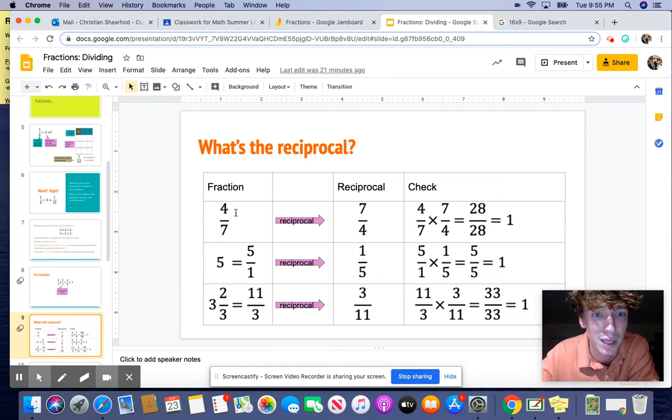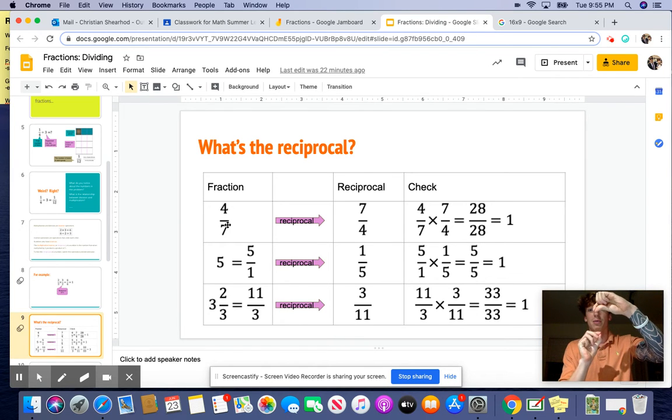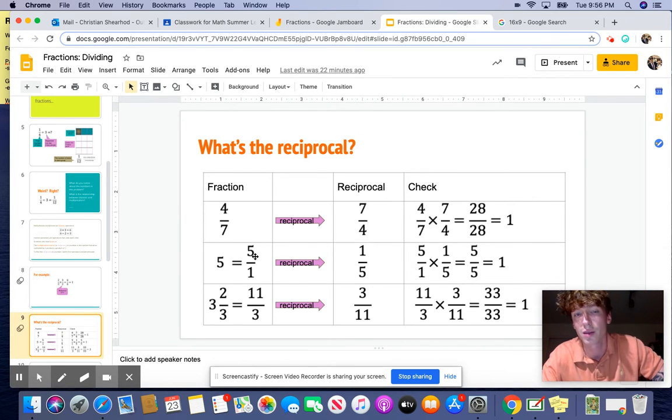You see how these just switch spots? That's the reciprocal. The reciprocal is just flipping it around, okay? So this right here, 5, is actually 5/1. We learned that in one of my last videos. So the opposite of 5/1 would be 1/5, right? All you're doing is flipping it around.